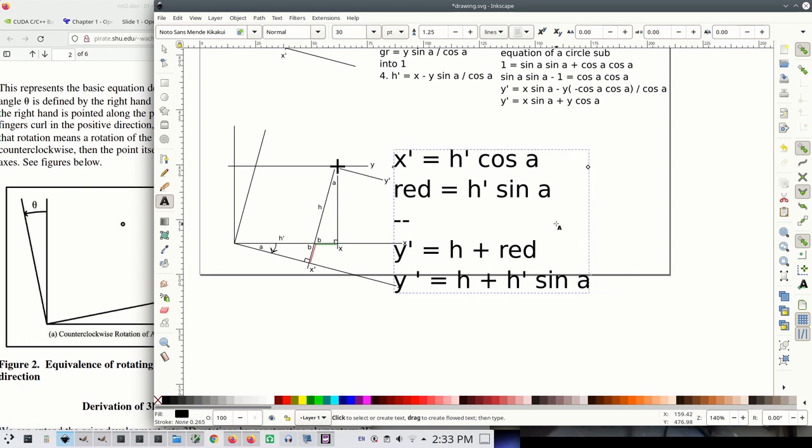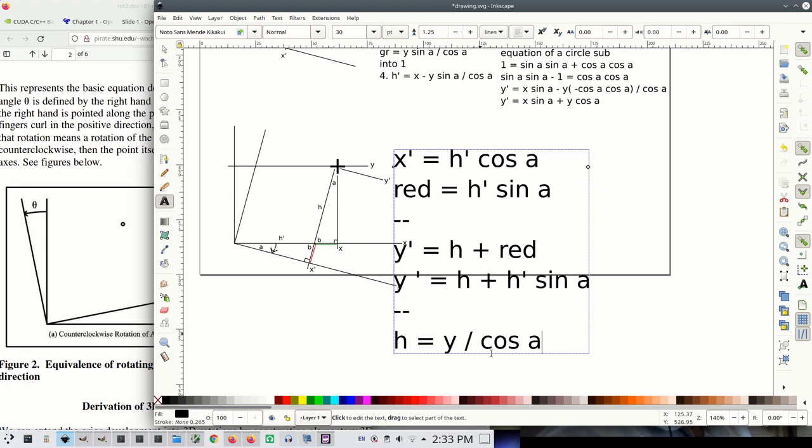Okay, so now we have to get h. So let's look at h. H is easy to get because we have our y. So we can say cos A equals y over h.